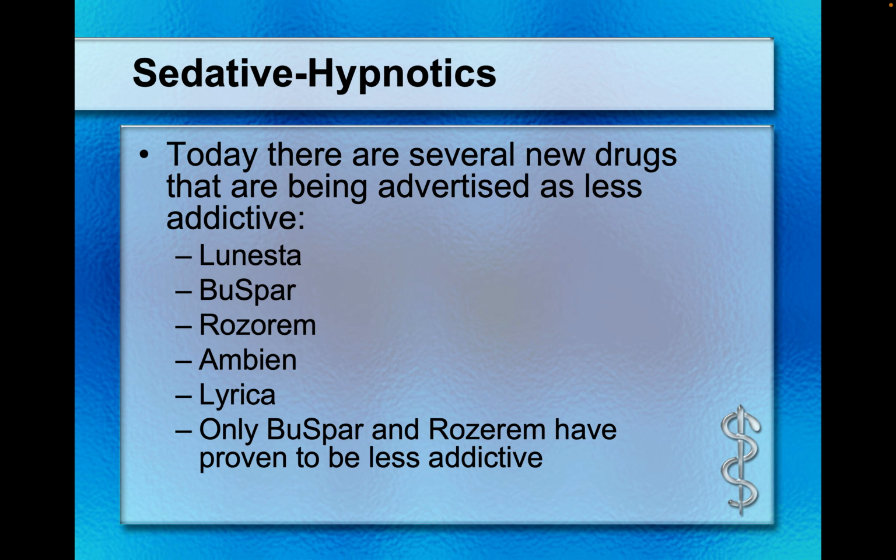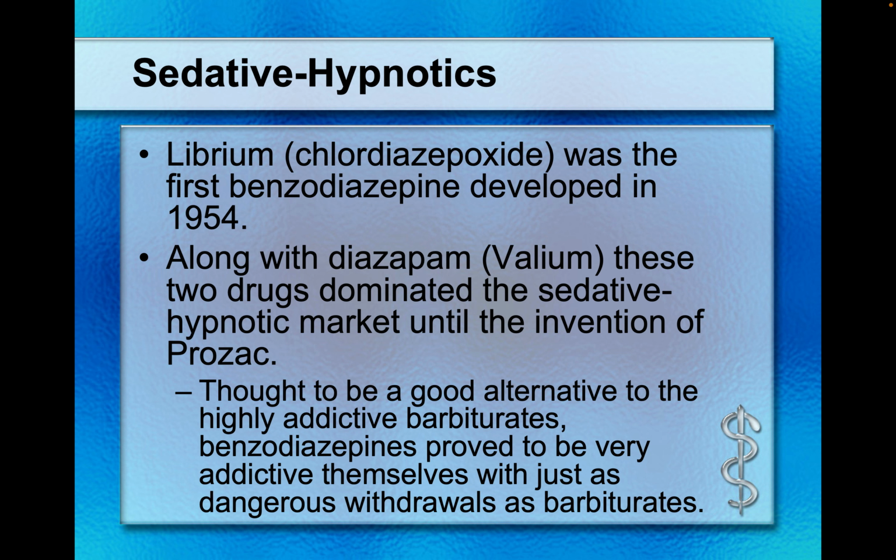Today there are several, and of course I have a story about diazepam, Valium, and Librium. They used to give these things out like candy during the Vietnam War. When I was in the military, they used to get Valium and Librium shipments in 5 gallon buckets.